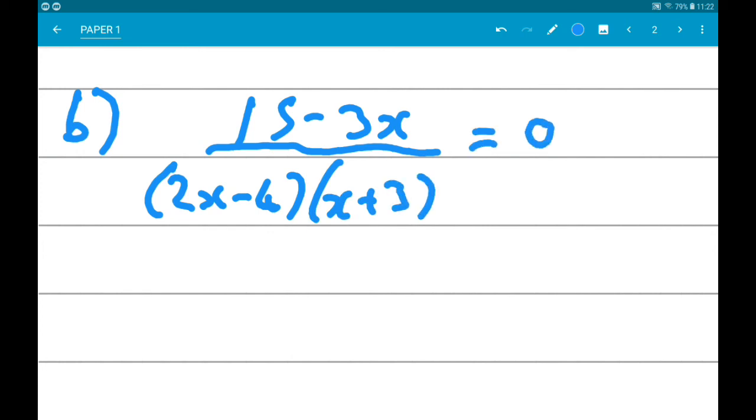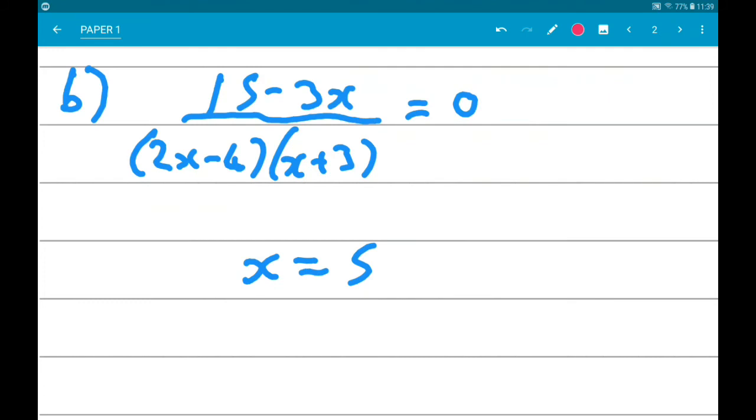So, from that, we get 15 minus 3x is 0, which takes us to x is 5. What we've done is multiplied the denominator on both sides, because we have 0 on the right. Okay, so now we know that R is the integral between 3 and 5 of y dx.